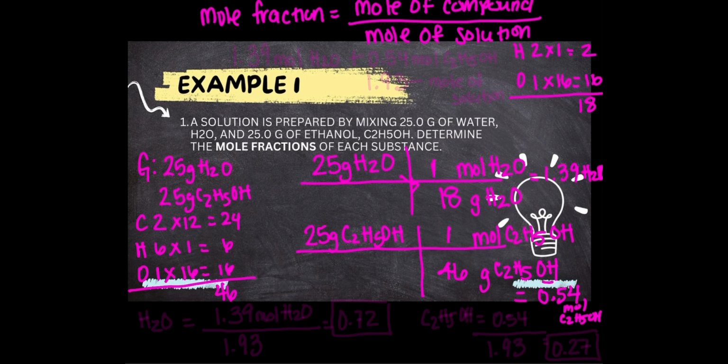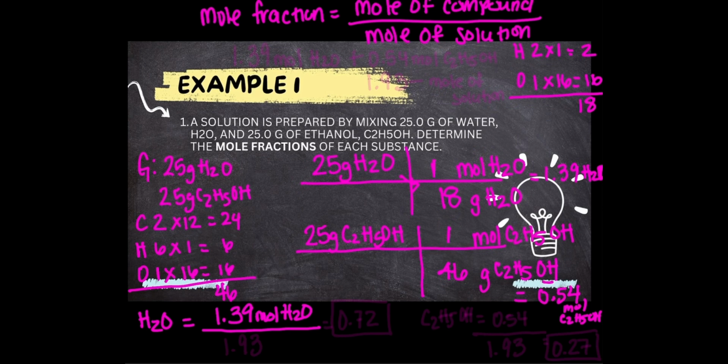Now, in order to get your mole of your solution, I am going to bring it down here when it comes to H2O. So here is H2O. For H2O, we have 1.39 mole of H2O. In order to get my mole of my solution, I am going to have to add the mole of H2O and the mole of C2H5OH.